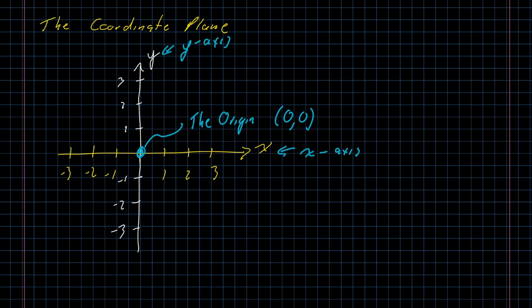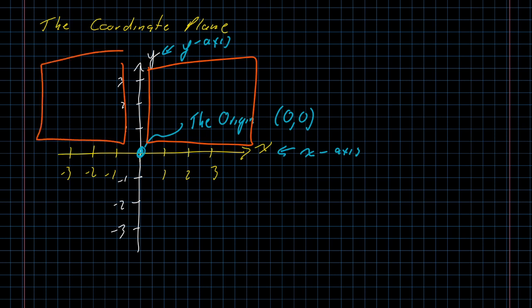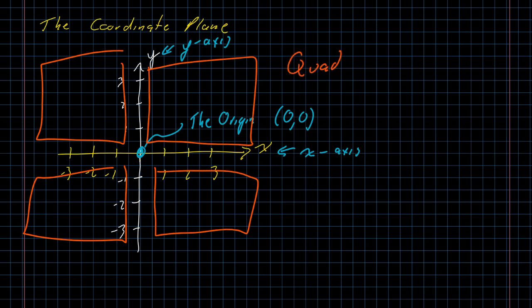The next thing we're going to do is notice that the two axes divide the plane into 4 regions. We're going to call those regions the quadrants.